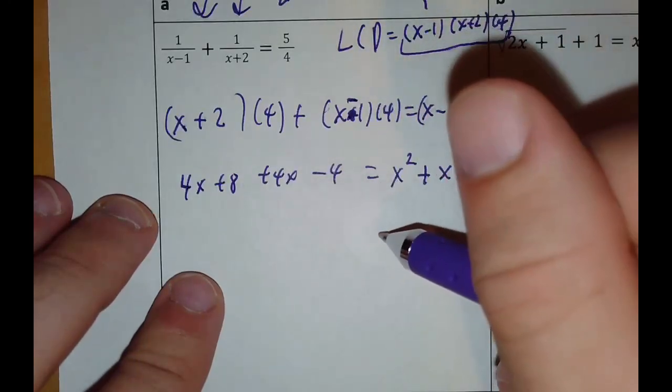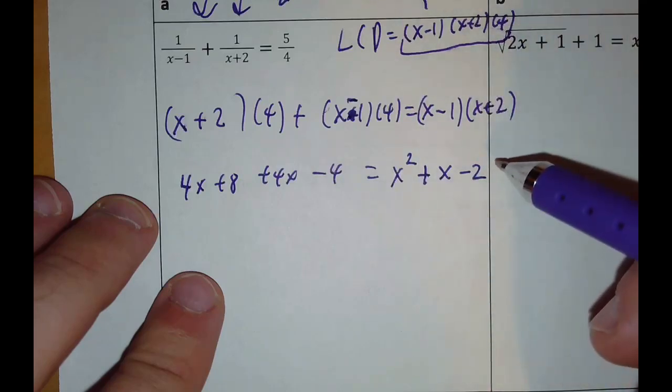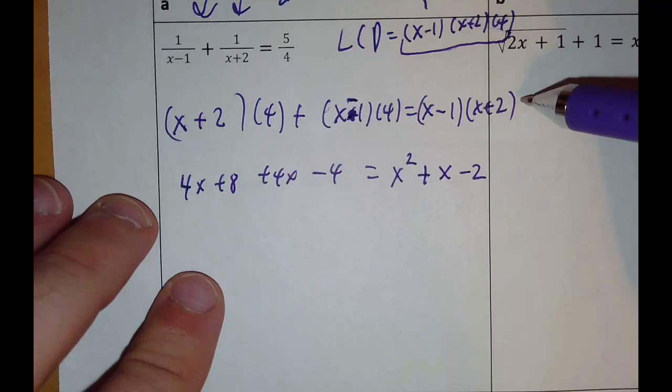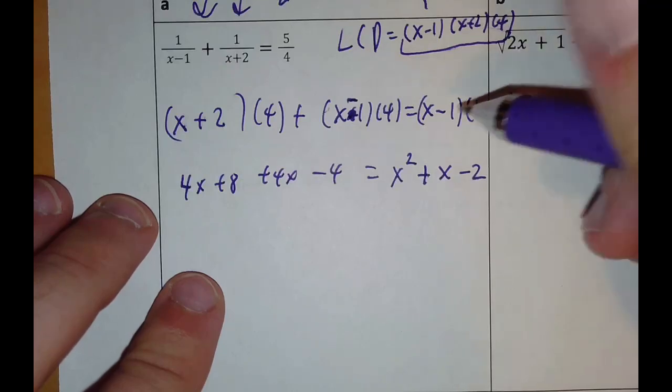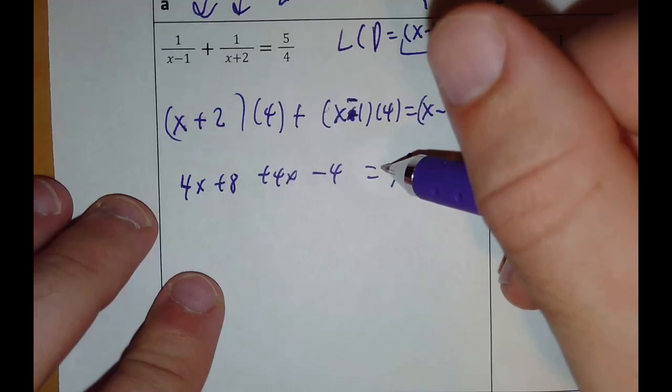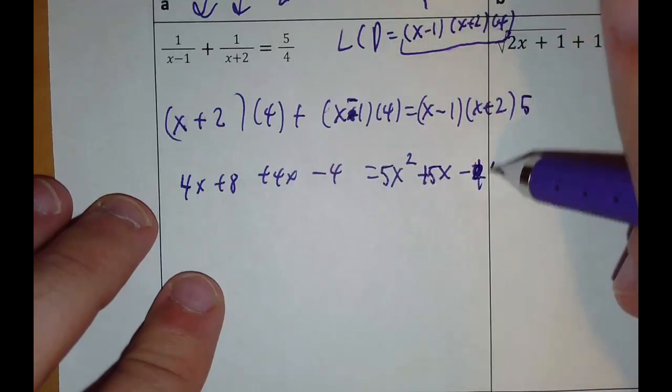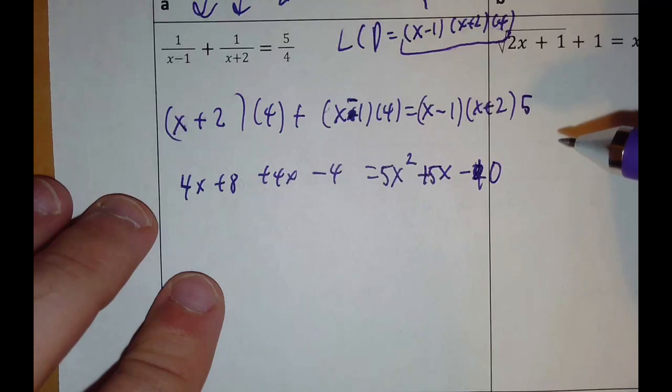So I think it comes out to, there is also a 5 here. My bad, there's a 5 right there. So it's going to be 5x squared, 5x, and then this will be a 10.